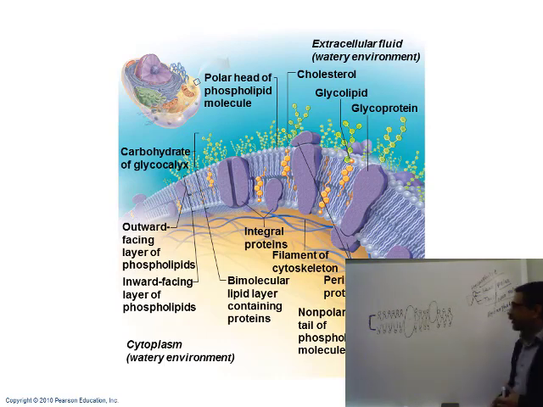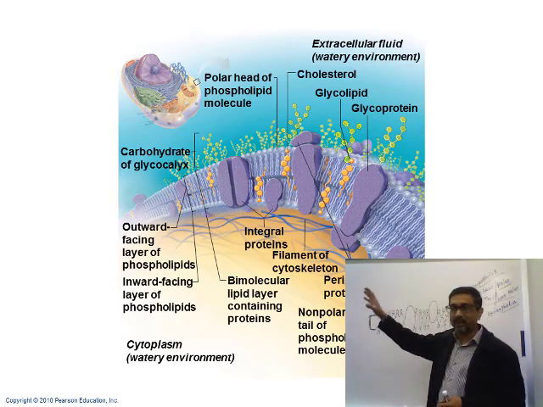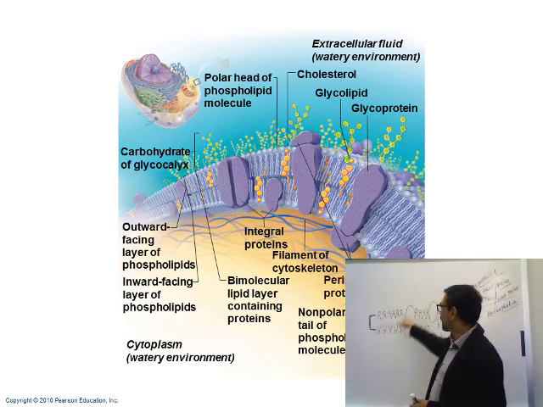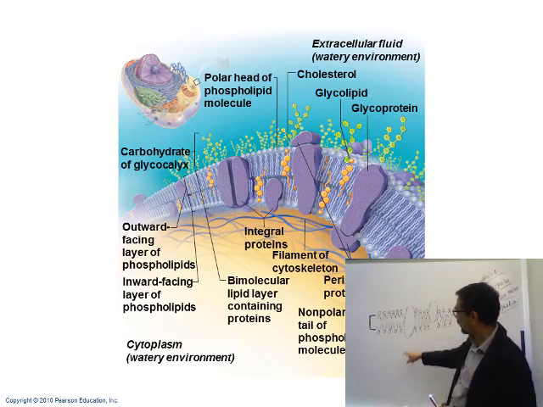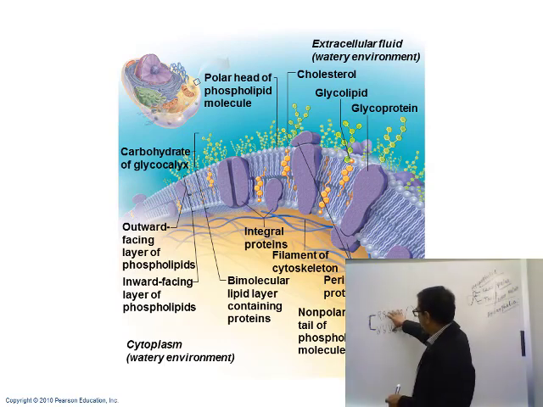So that's why water molecules cannot pass through this phospholipid bilayer. But we know that the cell needs water, right? Water must get in. So that's why you have these protein structures. There are channels, and water molecules and other water soluble molecules can pass through them. Okay. So that's the phospholipid part.